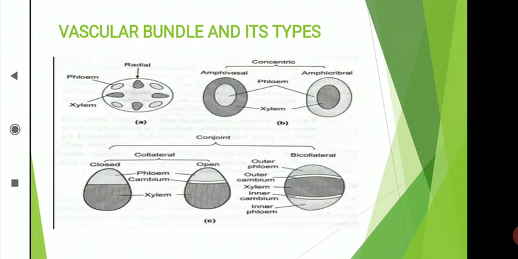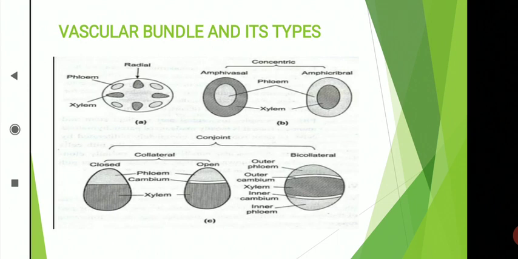Together, xylem and phloem, or conducting tissue, are responsible for translocation or transfer of food material, water or mineral salts from one part of the plant to another part, and they are very much responsible for different physiological functions as they provide food and water to the different parts of the plant.